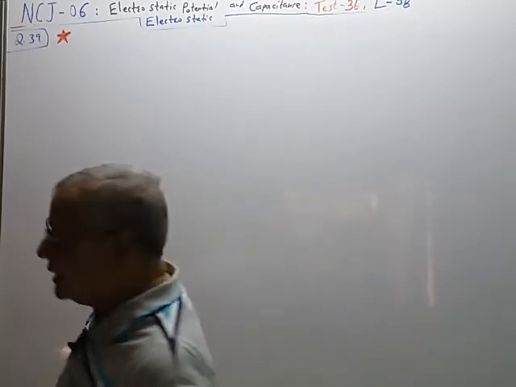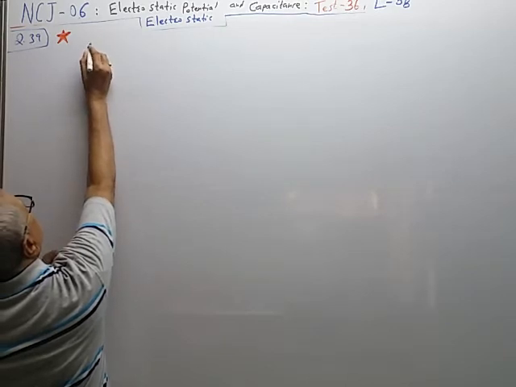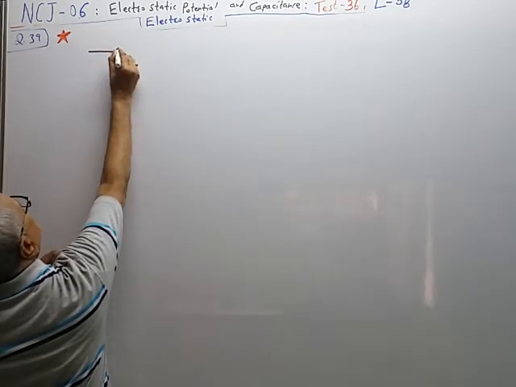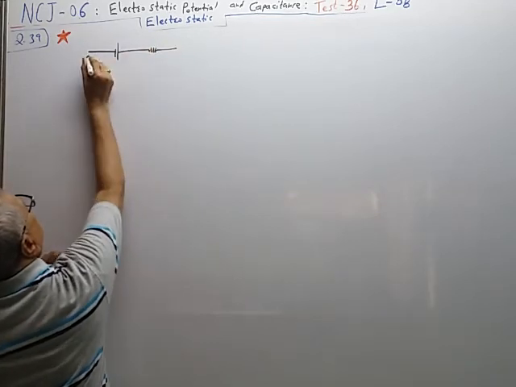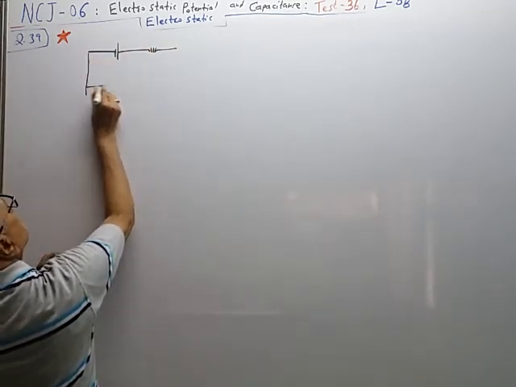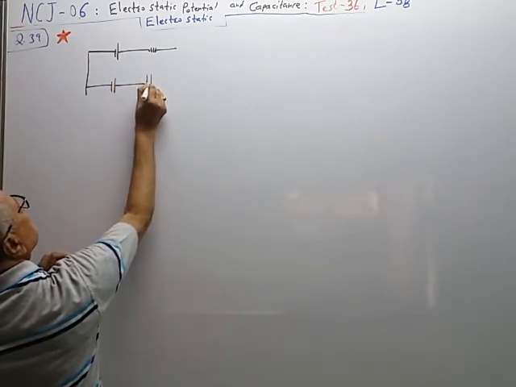So correct circuit diagram is like this. This is the condenser.